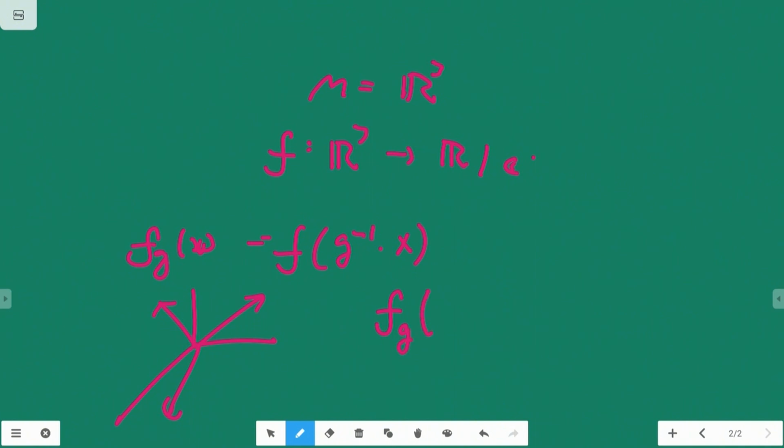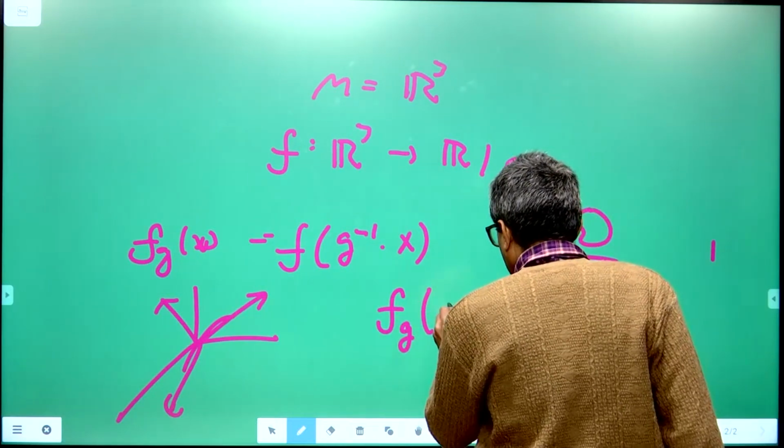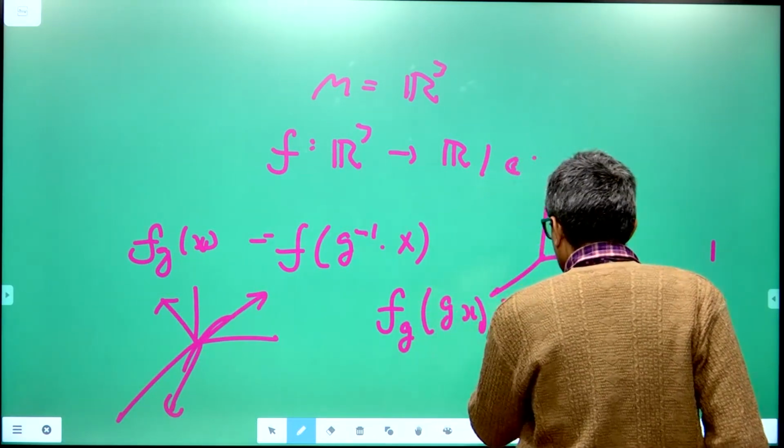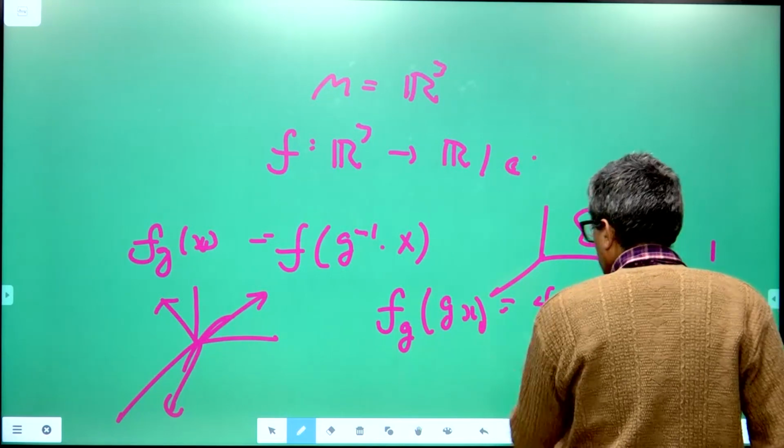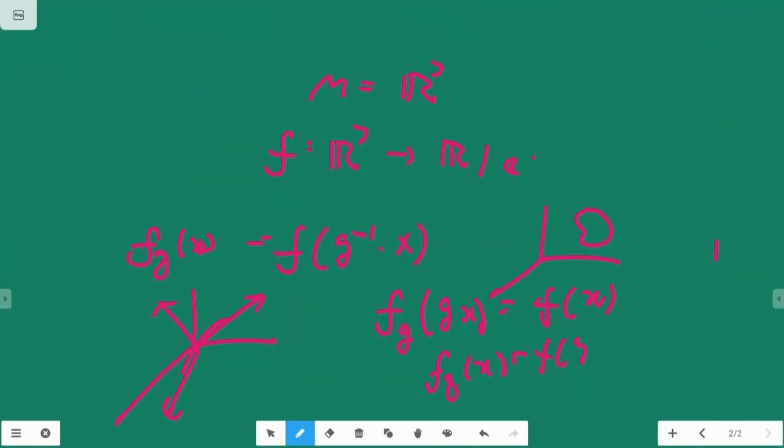Then whatever the new image you get is the new image at the rotated point. So say you have got a Cartesian axis and you have got an object, you rotate it. You want to know what is the intensity at any point x. So if Fg is a rotated image, its value at gx will be the same as the original image value at x, which is the same as saying that Fg of x is nothing but f of g inverse x.